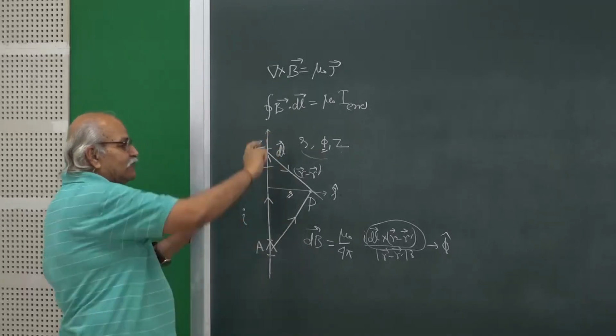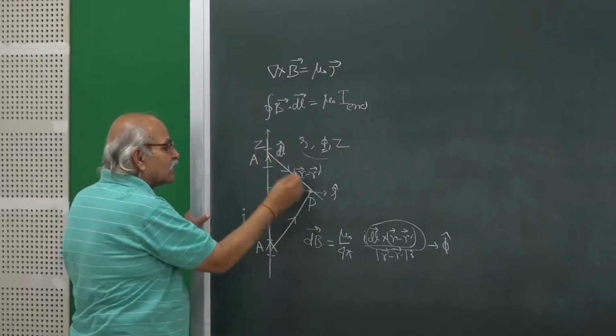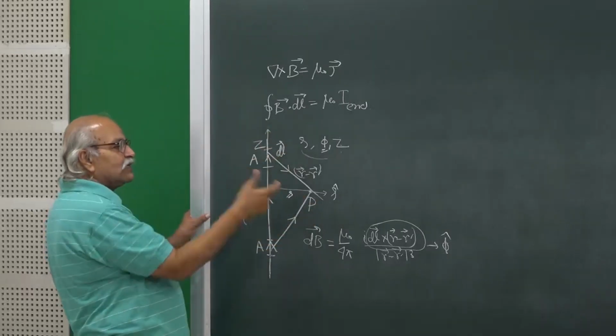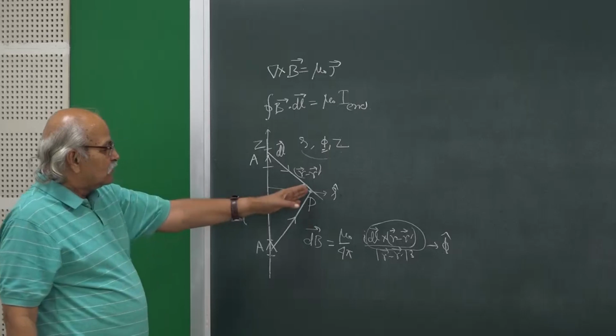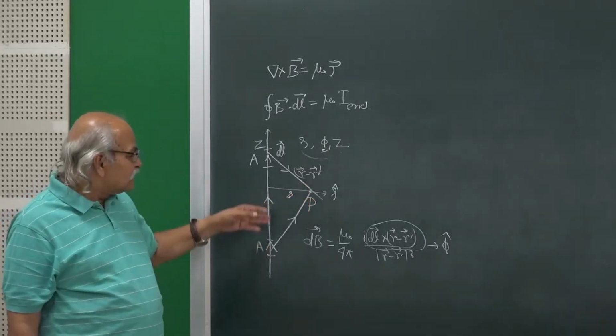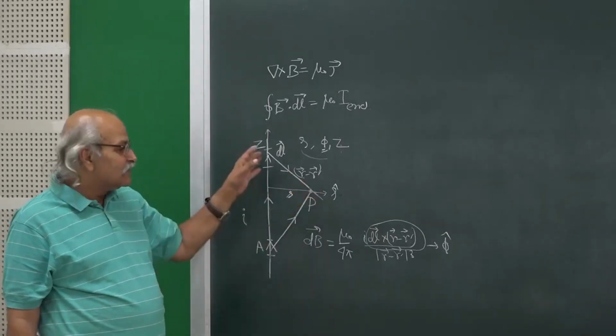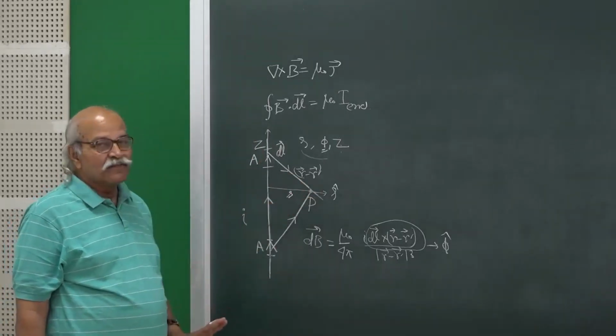Once again, if you do the cross product of this dl vector and this r minus r prime, it is going into the board. So, the direction is the phi cap direction. From any element the direction is going inside the board, and hence the net field is also inside the board.